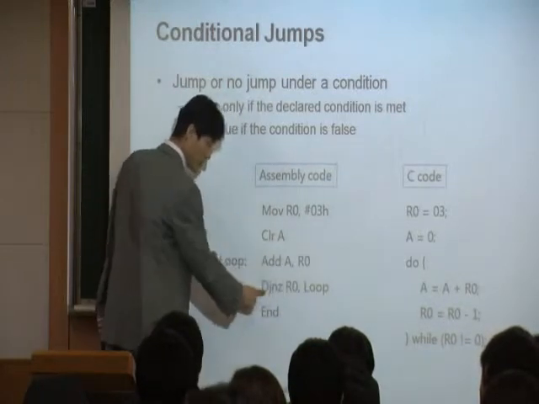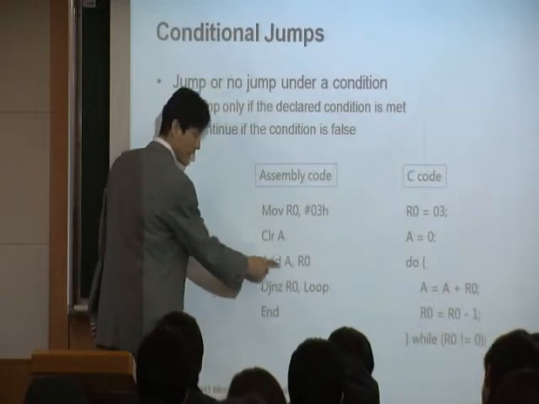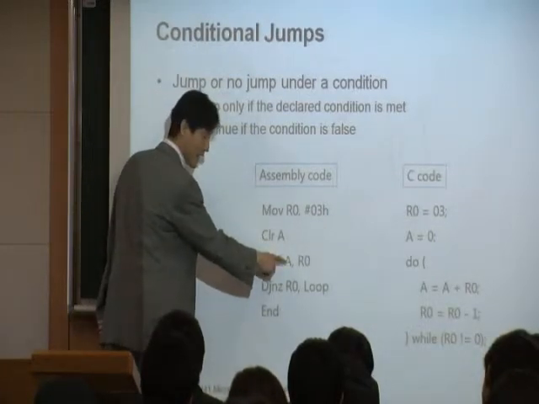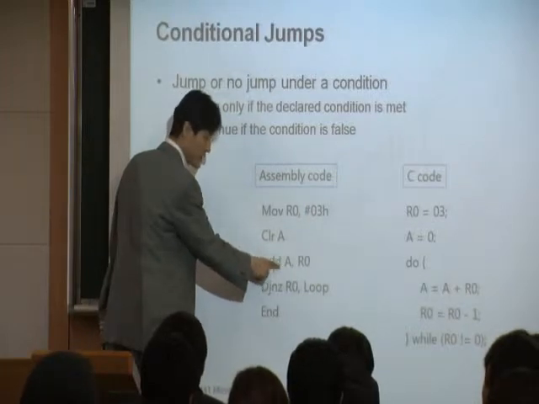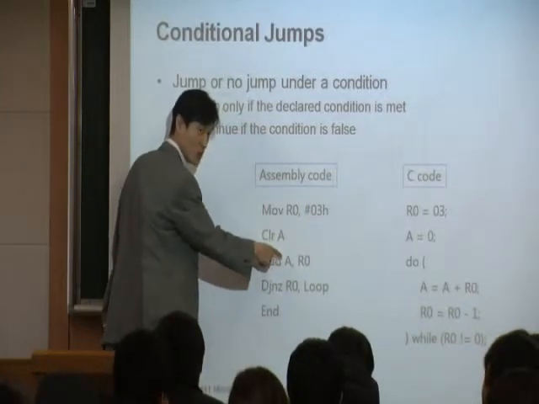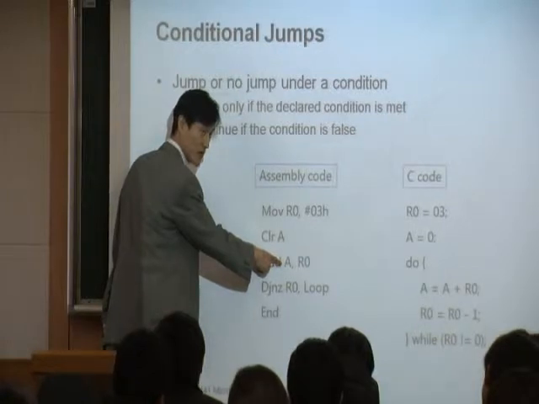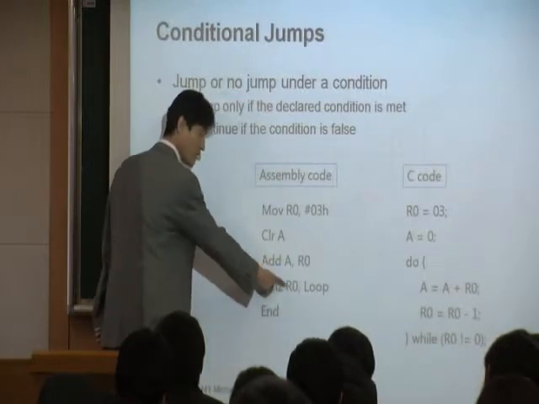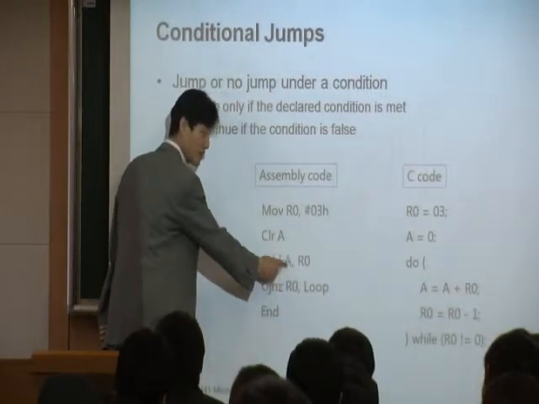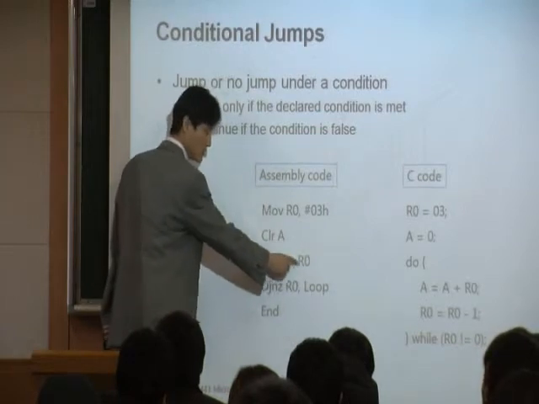So you loop. So go back here. And adding again. And A, what value did we have? 03. And now we are adding again. Then what's going to be the new value of A? 05. Previous 03, and now we went back with the value of 02 in R0. So we are adding those two, 03, 02.